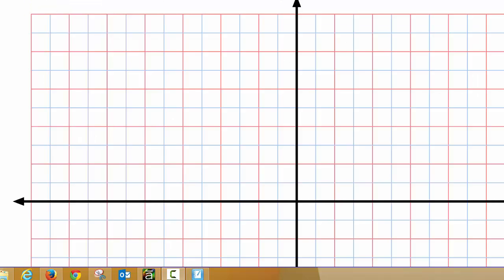Okay, so let's suppose this is our y-axis here, and the horizontal line, the bold black horizontal line, is our x-axis. Now, let's suppose each of these squares has a length of about 10, so here's 10, 20, etc., and here's 10 and 20, and so on.